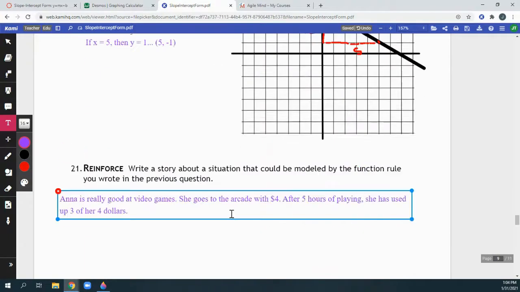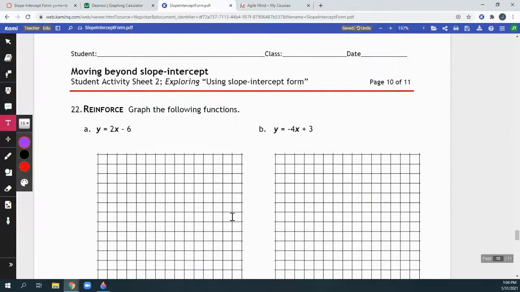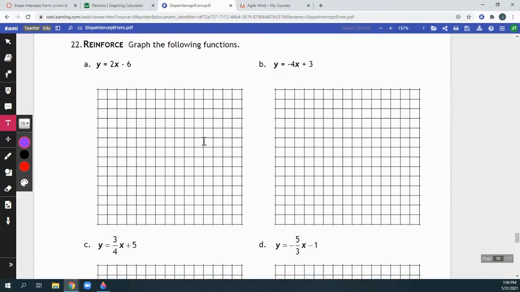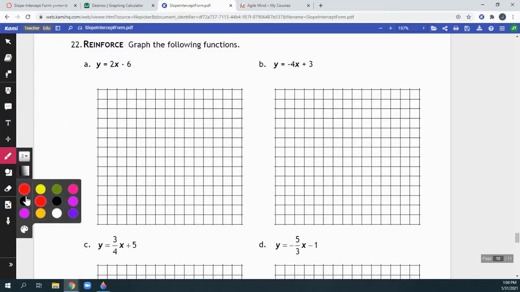Okay, so that's that. Now we're going to graph the following functions. Hey, more of this. Slope is 2, y-intercept is 6. That's all there is to it. Let's do this. We're almost to the end, my friends. I know this seems like it takes forever, and it kind of does on a computer, and I'm sorry about that.